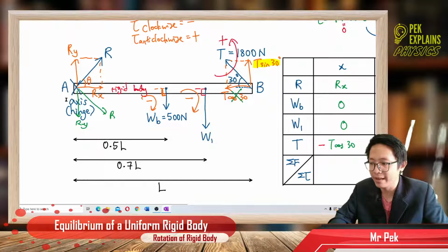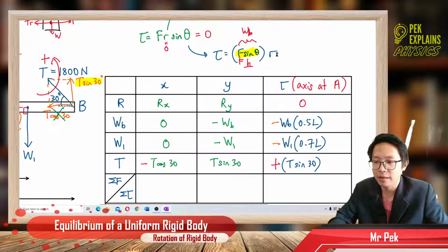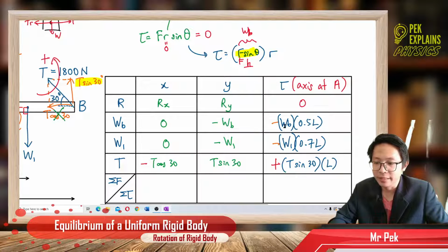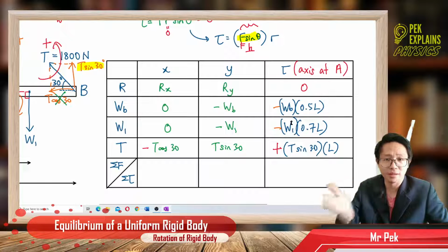It is L, so we just multiply by L. Our R here is L. This part is the F sine theta and this part is the R. Good, so you got all the torques.